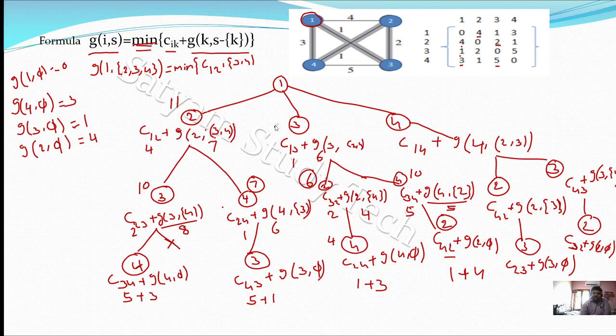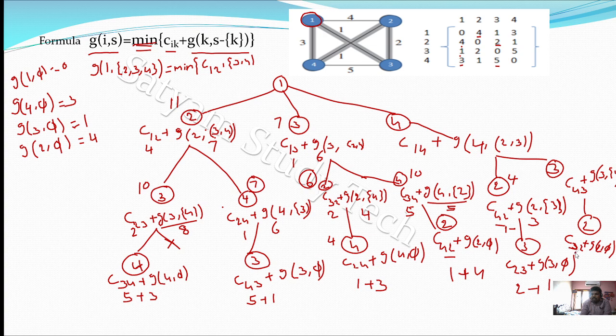So 1 plus 6 is 7. Now like that, here also you can see C of 2 3, the 2 3 value is 2 plus G of 3 5, that is 1. 2 plus 1, that is 3. Here it is 3. So C of 4 2, the C of 4 2 value is 1. So 1 plus 3, that is 4 here.